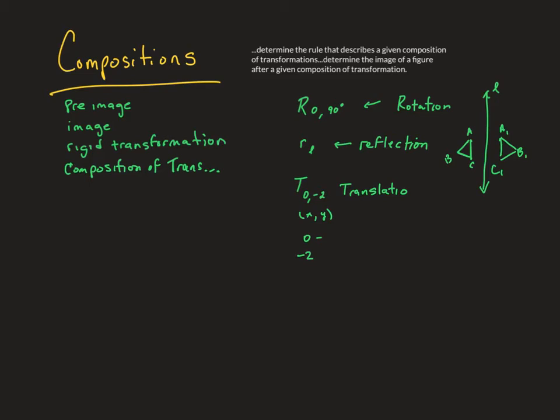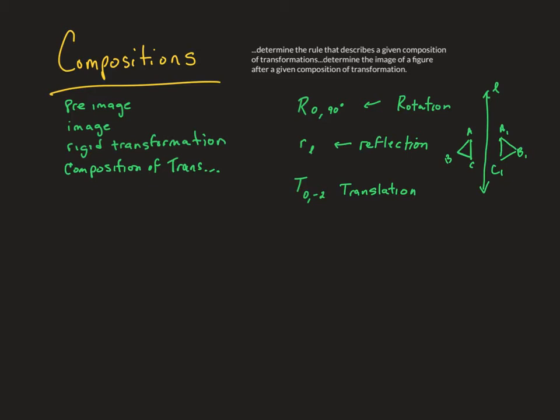We'll get some examples here, but it's just a reminder what the labeling looks like, the identifiers for the different rigid transformations, because we're going to work with them in combination now.